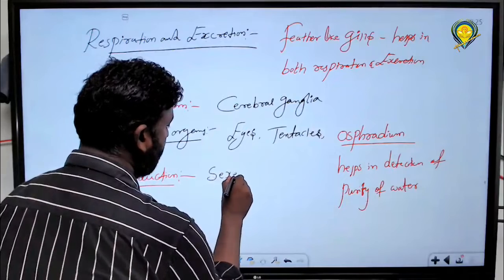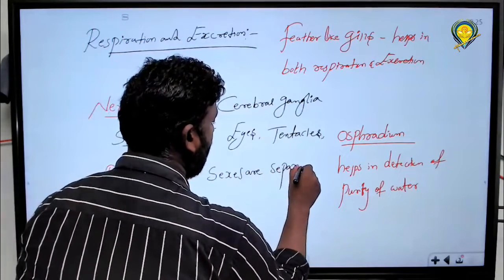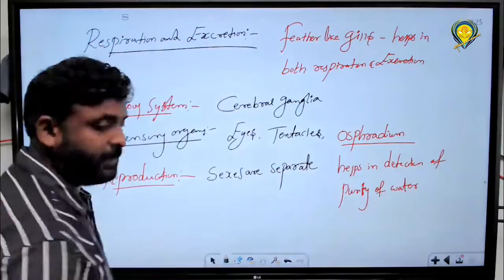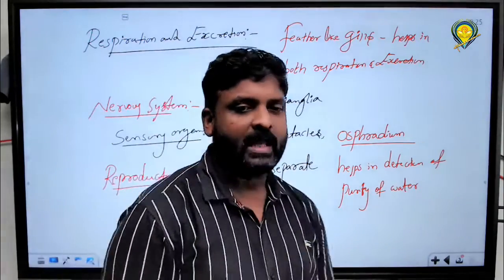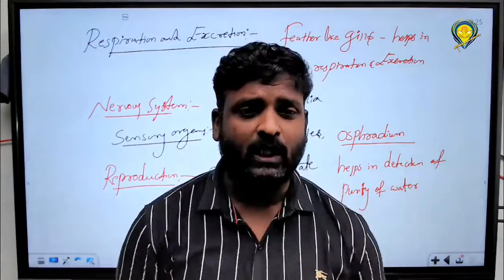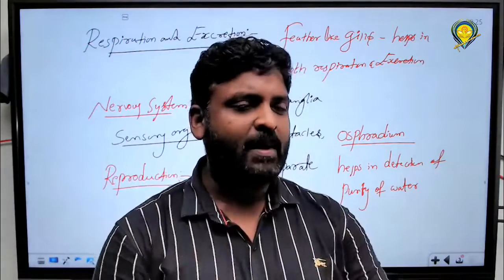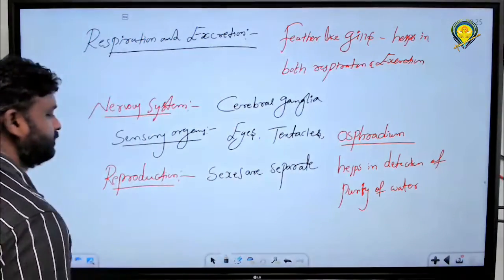So as usual, sexes are separate. Very good, right? What do we call sexes separate? Dioecious or monoecious? Dioecious. Bisexual or unisexual? Unisexual. Hermaphrodites are gonochoric. Please write it.